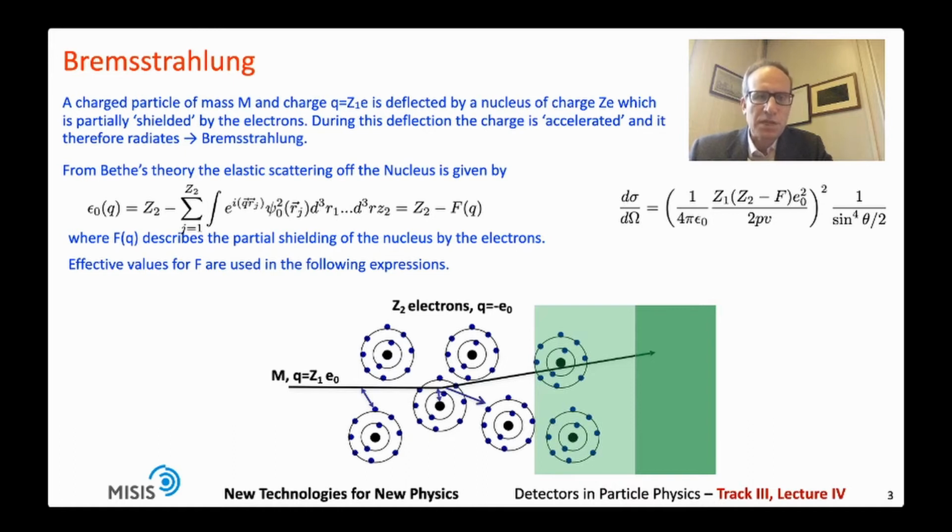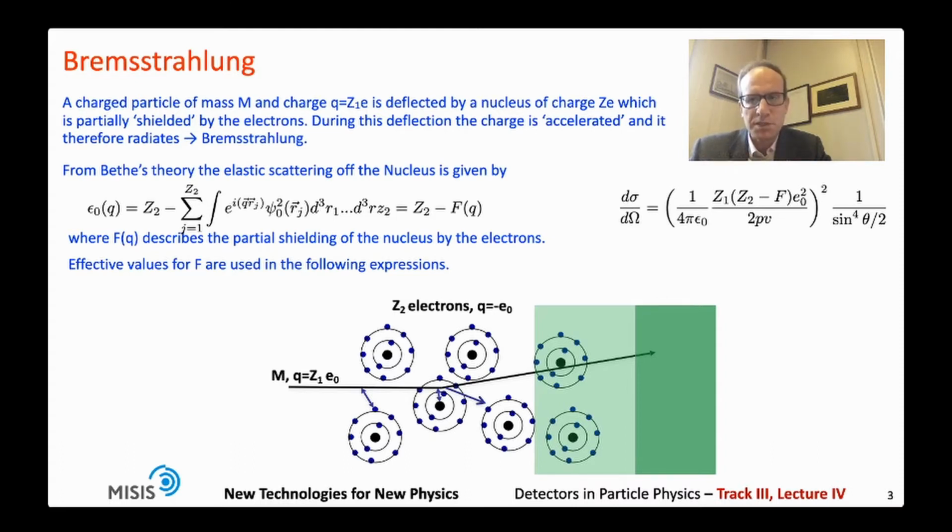And the process, so let me start with the Bremsstrahlung, which is a fundamental process. A charged particle of a given mass and a given charge is deflected by the nucleus, and during this deflection, since its speed is changed, this means that there is an acceleration, and whenever a charged particle is accelerated, then it emits some radiation, which is called Bremsstrahlung.